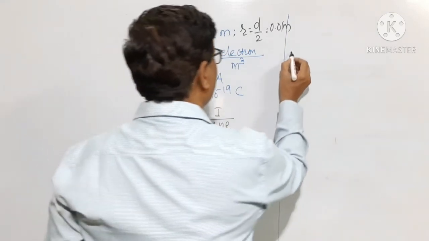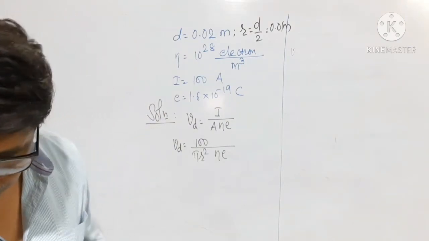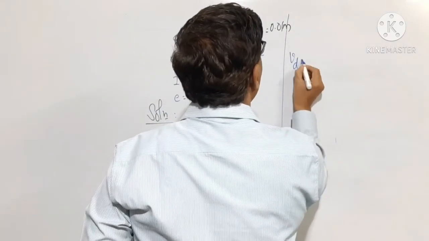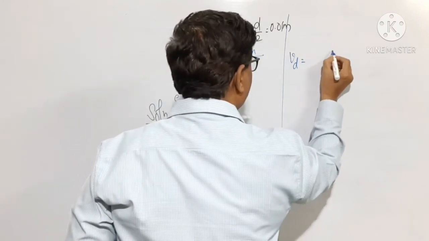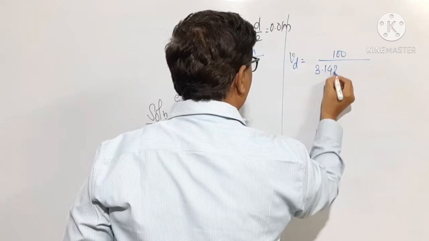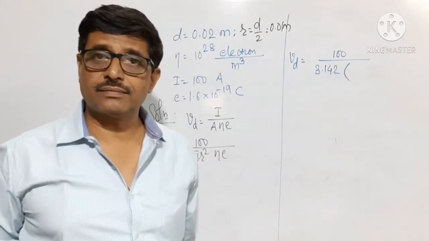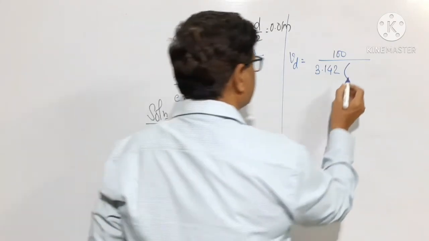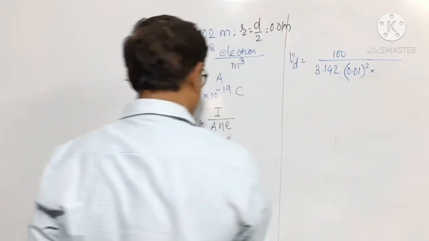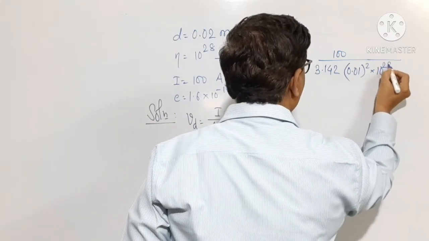Now, the drift speed I will find out here. Vd equal to 100 divided by the value of pi, 3.142, the radius square, that is 0.01 meter whole square, then the number of electrons per unit volume, 10 to the power of 28.